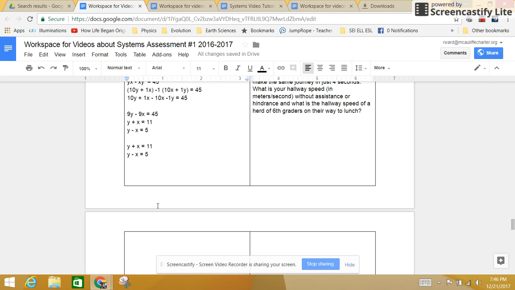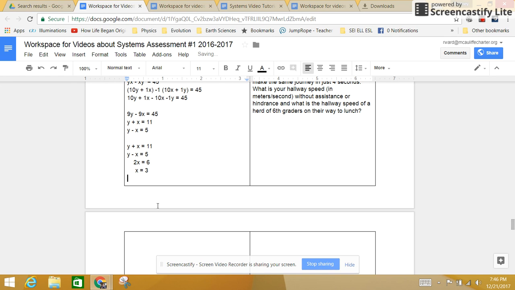I have two ways I can do this. I can subtract and get rid of y, or I can add and get rid of x. I'll start by subtracting. If I subtract y minus y, I get nothing. x minus negative x is 2x. 11 minus 5 is 6. So x equals 3.